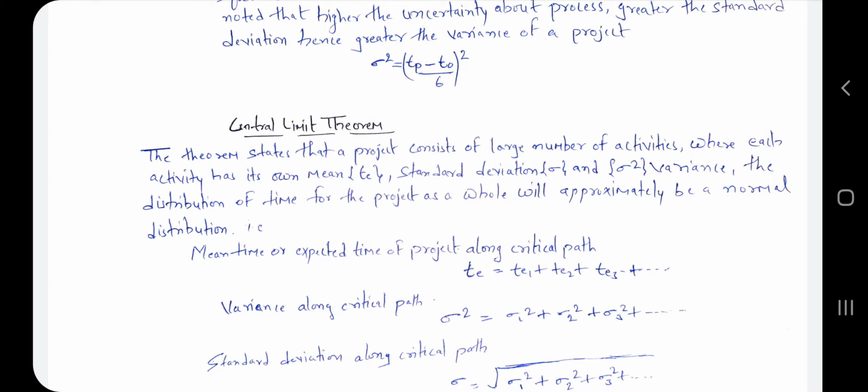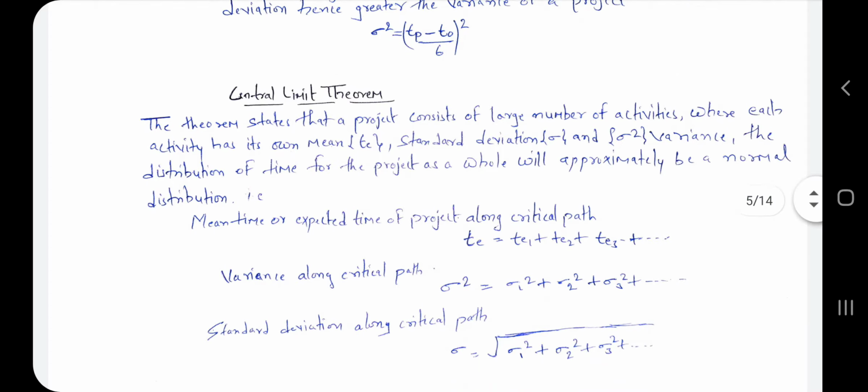So for that we have to find the mean, standard deviation, and variance for each activity. Here the mean time or expected time for the project along the critical path is T1 plus T2 plus T3.